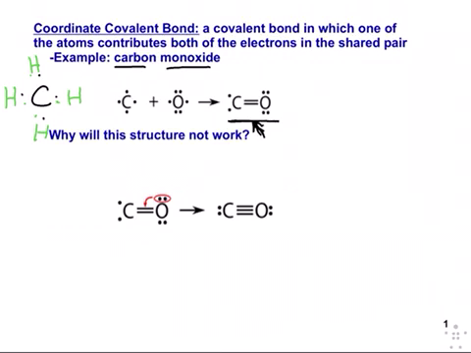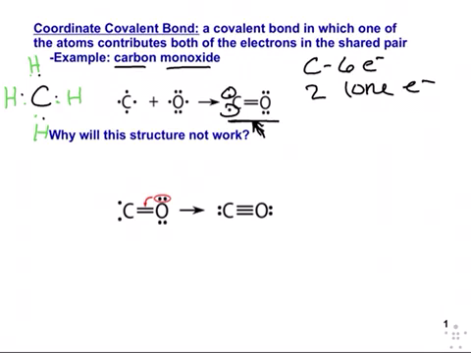Okay, so the first thing that's wrong is carbon only has 6 electrons on it. What's the other thing that is incorrect? Zoe? Yeah, there's 2 lone electrons, right here and here. So those are both bad things.